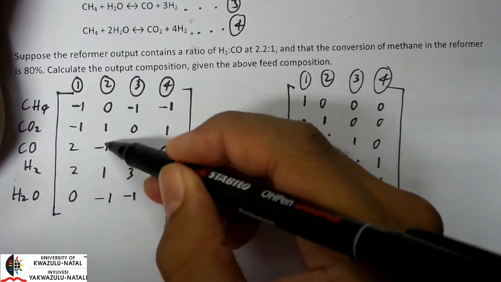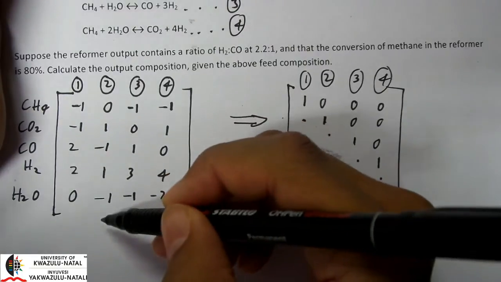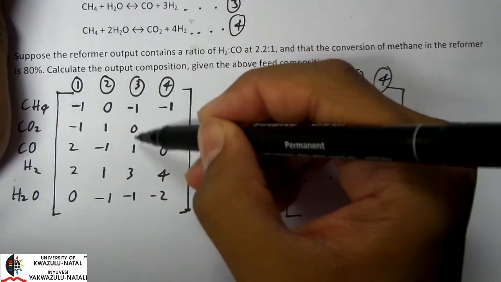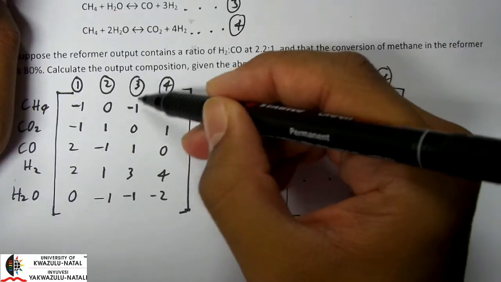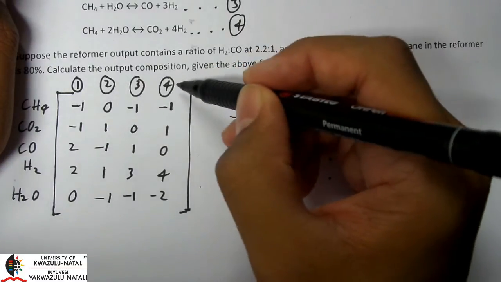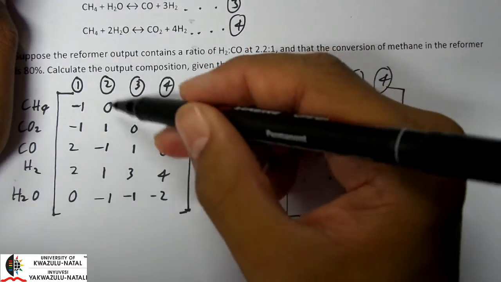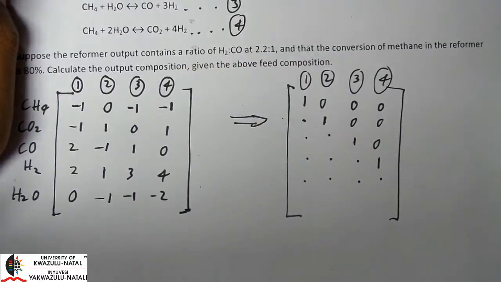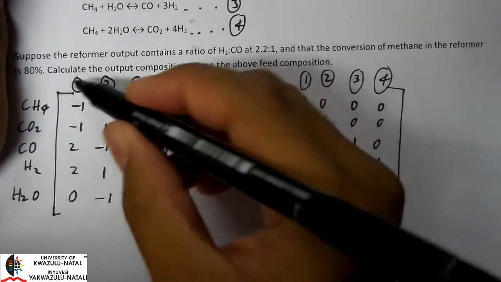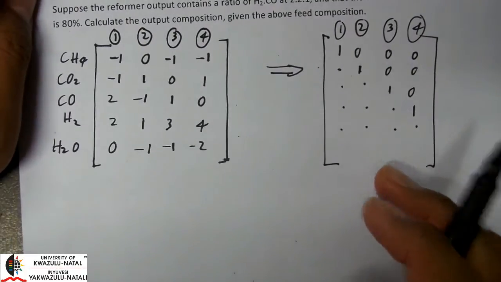These figures here can be anything. However, it seems that we will need to add column 3 and column 4 with a multiple of column 2 or perhaps even column 1. Okay, so let's get to it.